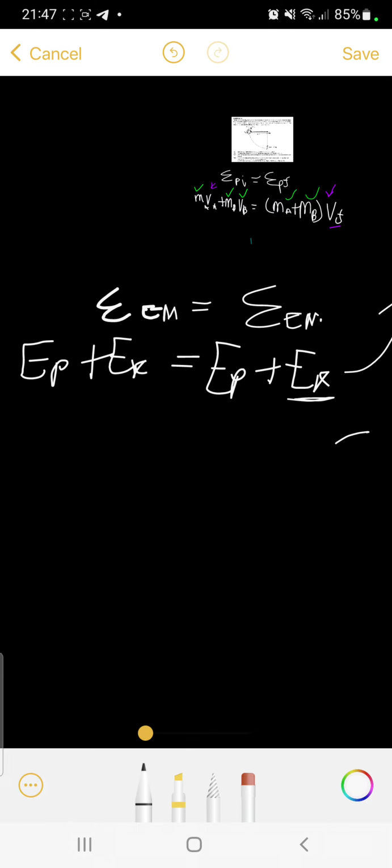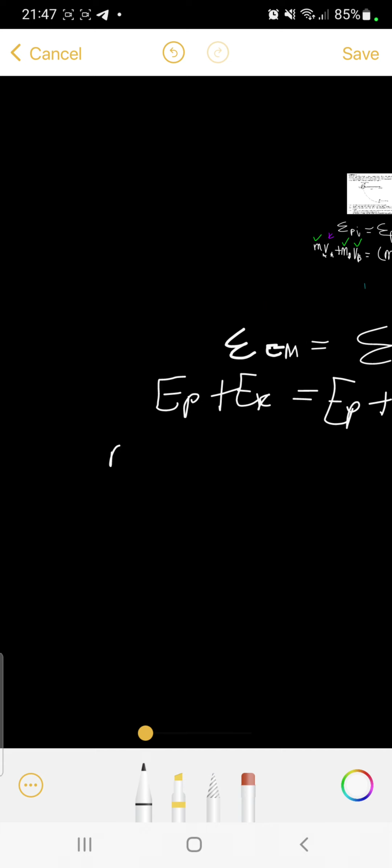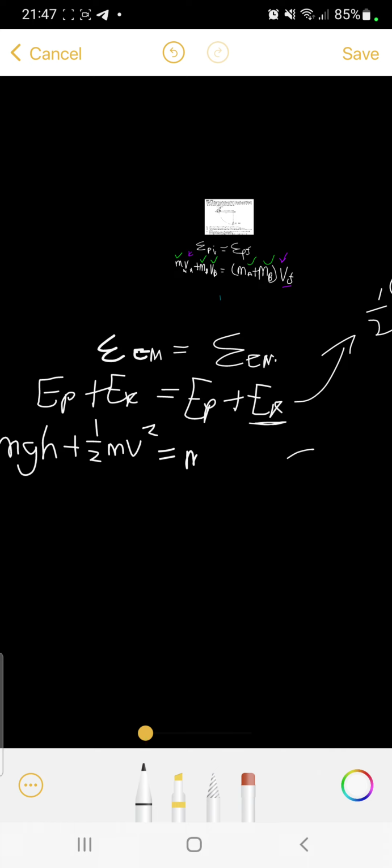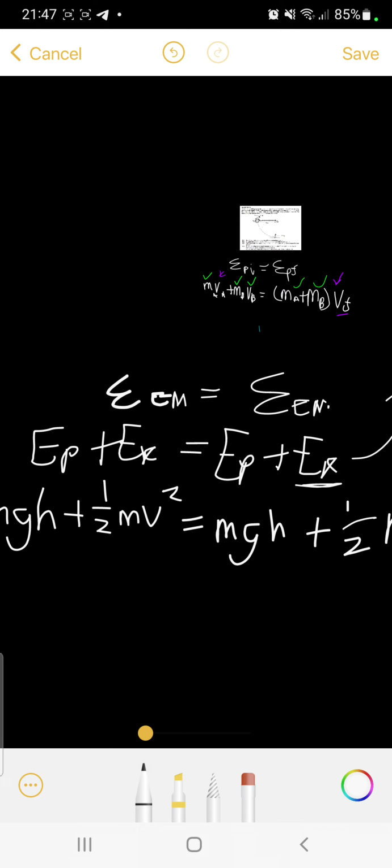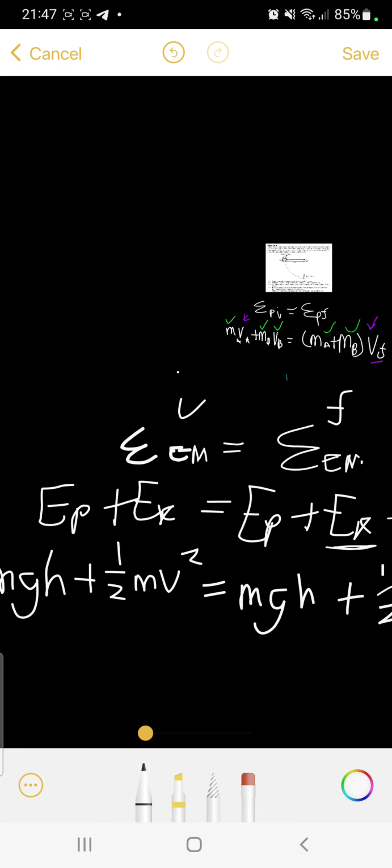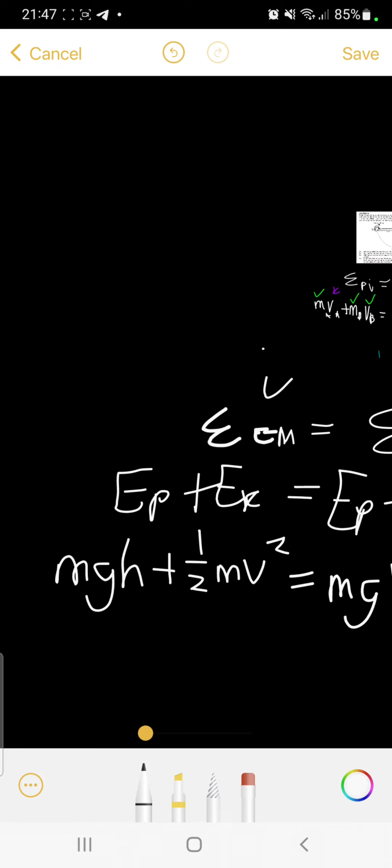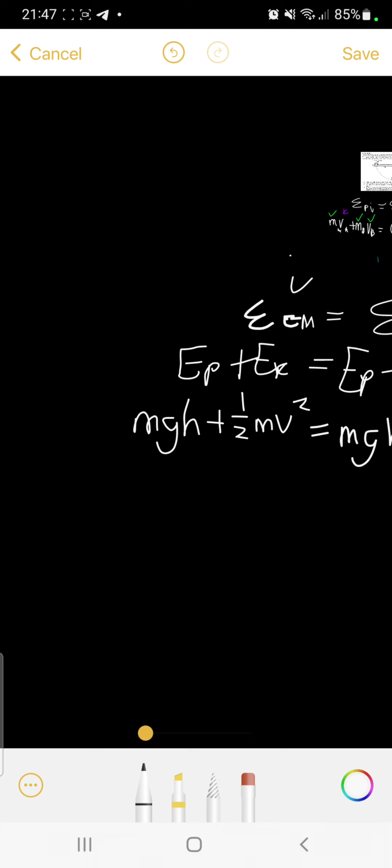So let's proceed. EP, we know that it's mgh, it's on the formula sheet, plus 1 over 2 mv squared, is equal to mgh on that side, plus 1 over 2 mv squared. This side is our initial side, and this is our final side. Our mass of Tarzan remains 80, so we replace 80.